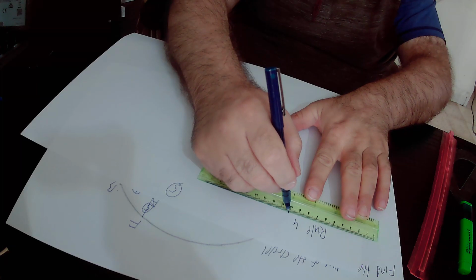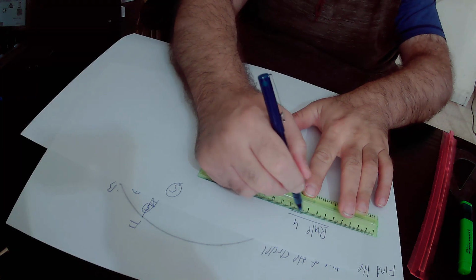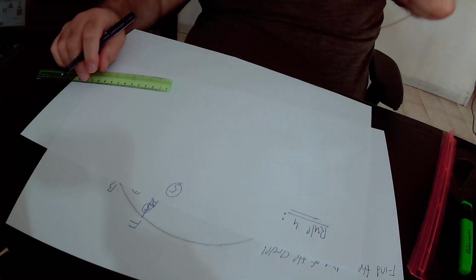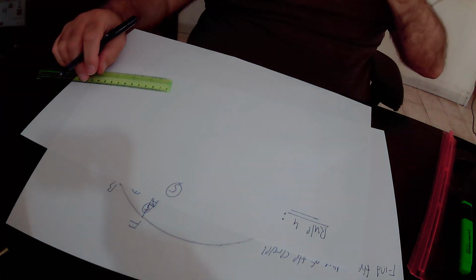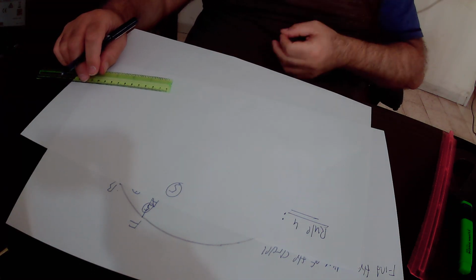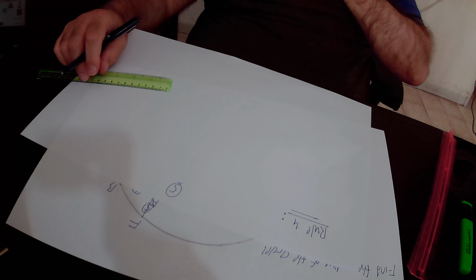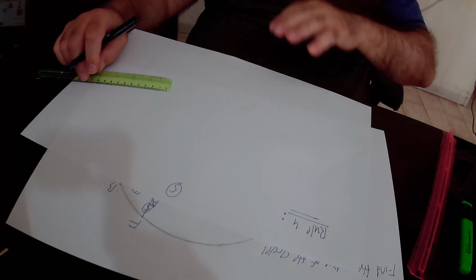According to rule number 4, whenever you have two chords that are perpendicular to each other, you can use a certain formula in that case. Okay?